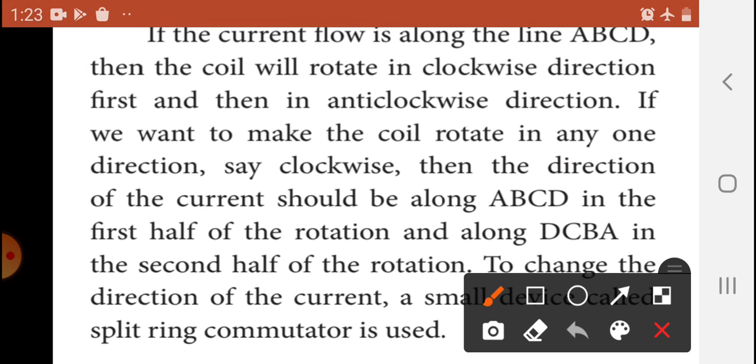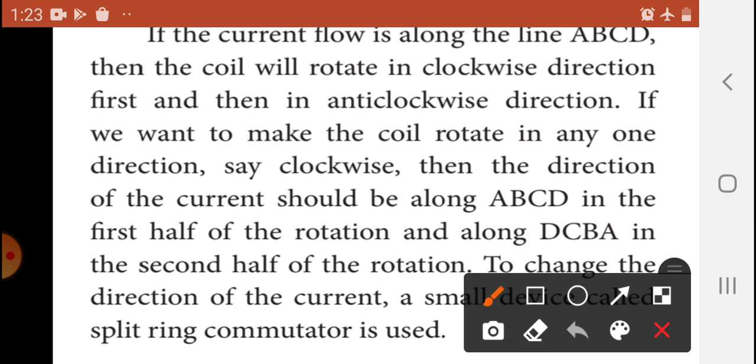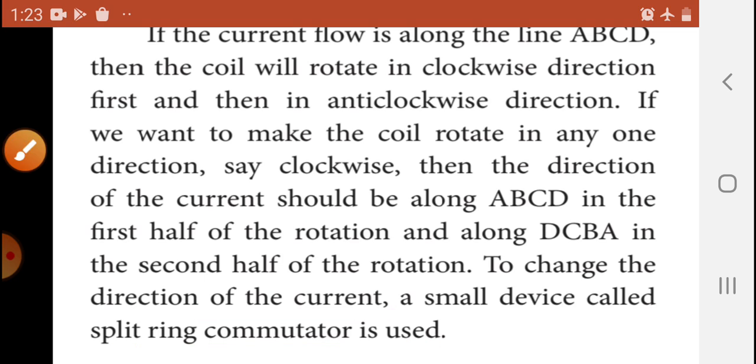So here listen, to change the direction of current, a small device called a split rings commutator is used.